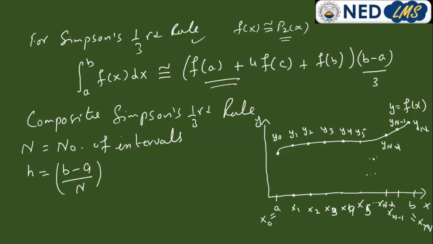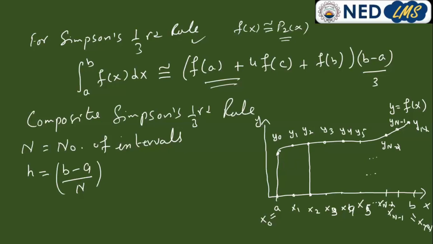Okay, so this is how we define it, and the concept was that we have to divide them into chunks. But what I am doing now is dividing them in pairs of two intervals. These two intervals, interval 1 and interval 2, are combined together. Our idea was to replace this whole integrand by a polynomial of degree 2, and to replace it with a polynomial of degree 2 I need 3 points.